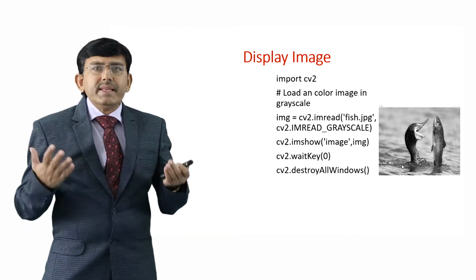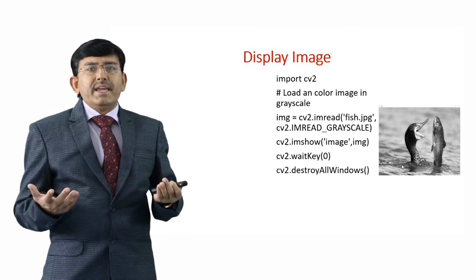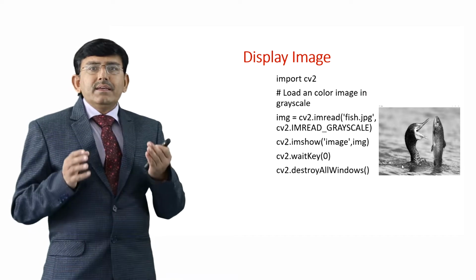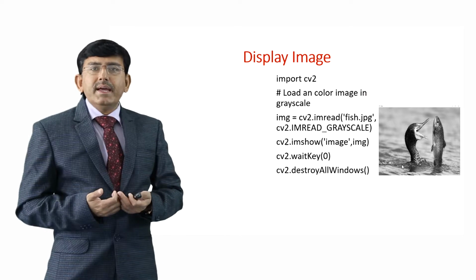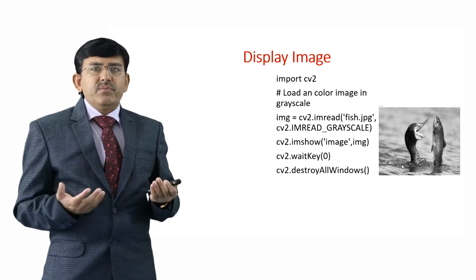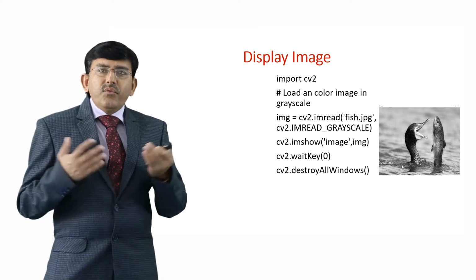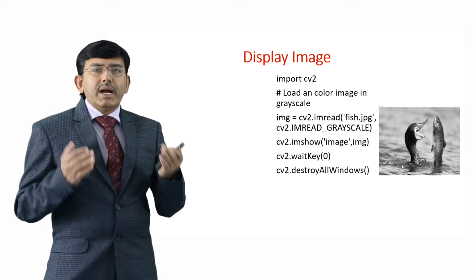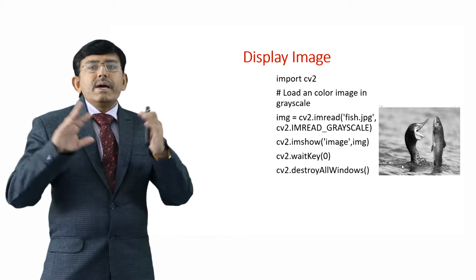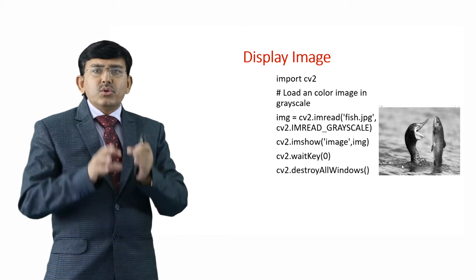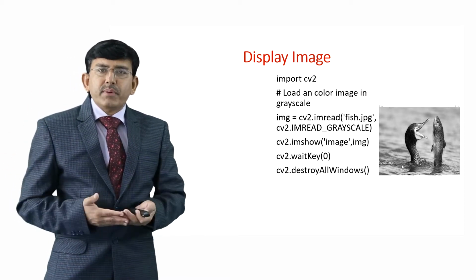Then to display the image, the function is cv2.imshow, in brackets the variable in which we have read the output of imread, and the type image. So it will display the image in the window. Now waitKey is used so that the image window remains visible for a certain duration, control staying there till the next step we perform.